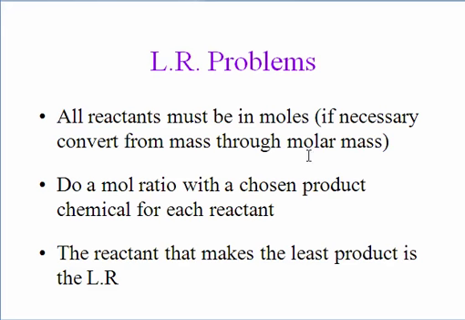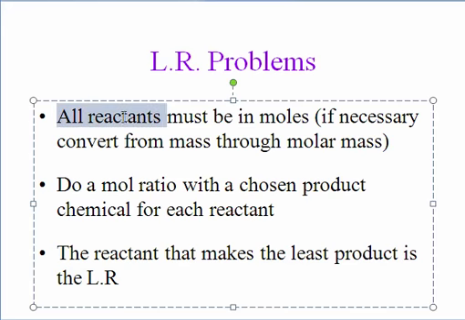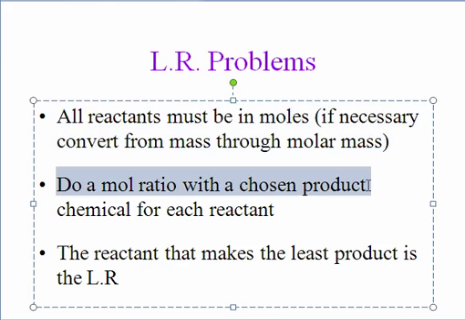As in all stoichiometry problems, all the reactants must be in moles. If necessary, if we're given mass, we'll have to get to moles by dividing by the molar mass. Once we're in moles, we do a mole ratio with a chosen product for each reactant. Some chemical reactions have more than one product, and if that's the case, we'll just have to choose one product and stick with it.